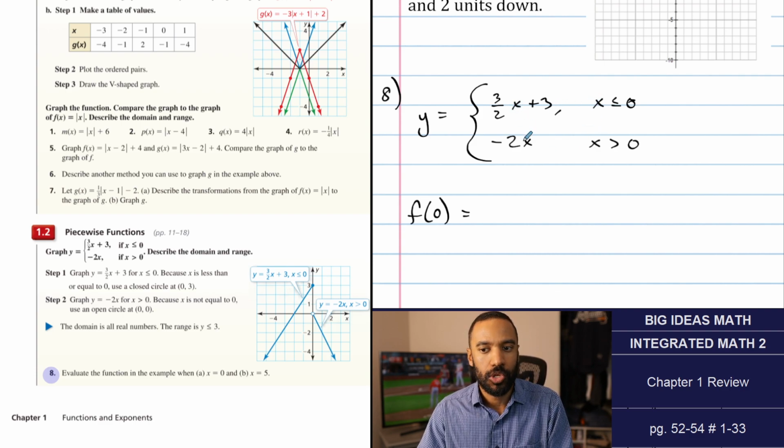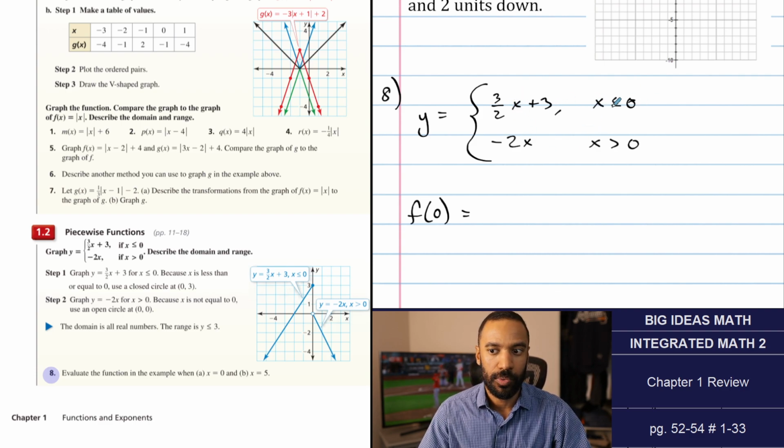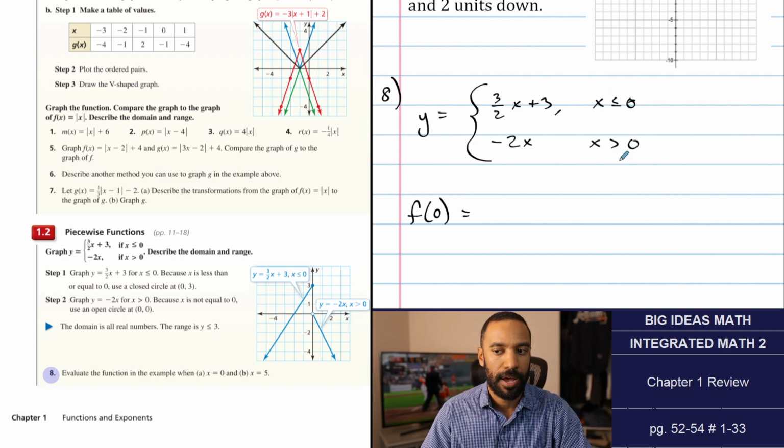We will not substitute it into either equation. We must do it in the one where 0 is included in the domain, which is the top equation, not the bottom one. So that'll be 3/2 times 0 plus 3, or the y-intercept, which is 3.